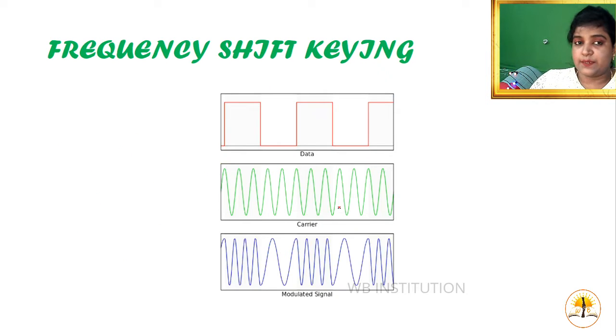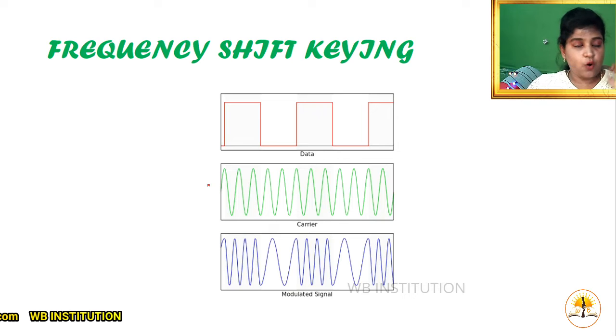Next up, here comes frequency shift keying. Again the concept is similar. In the first case, the amplitude of the carrier wave is modulated with respect to your message signal, whereas here the frequency of the carrier wave is modulated with respect to the digital waveform.